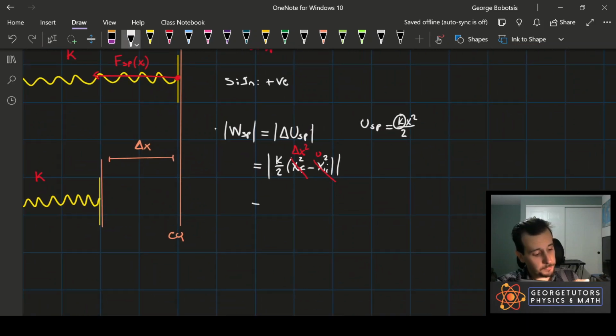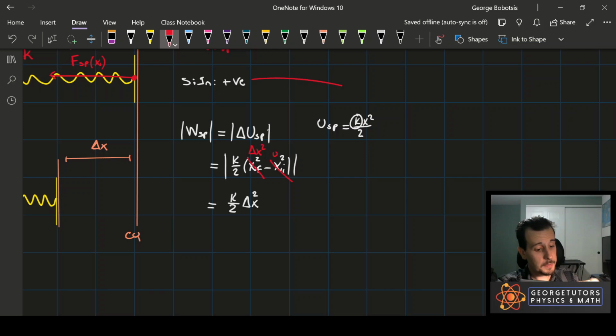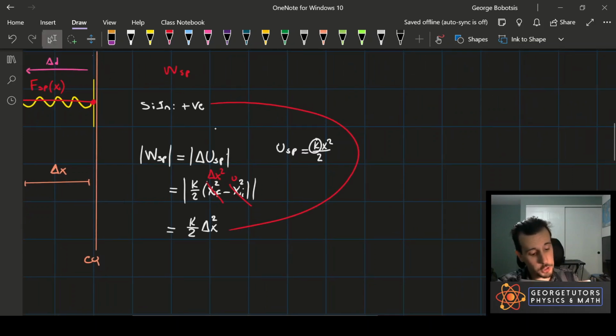Which means here, my answer is going to be k over 2 delta x squared. Delta x squared cannot be negative, nor can k over 2, they're all positive. So I can drop the absolute values. And then combining my two observations, the work done onto the spring would simply be positive k delta x squared over 2.